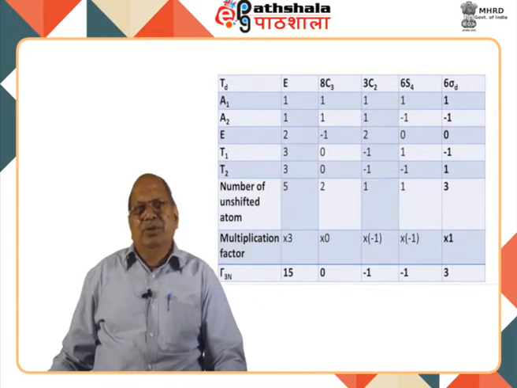We go for the multiplication factor and we get tau reducible as 15, 0, -1, -1 and 3.